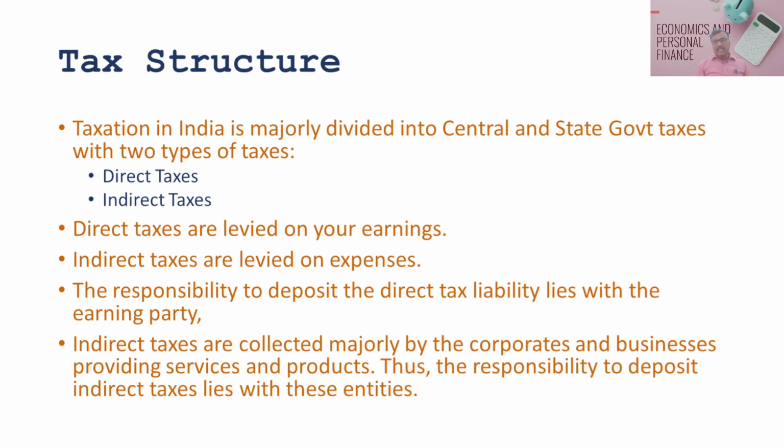This includes taxes like income tax, where the amount you owe is determined by the income you earn. The responsibility of paying and depositing direct taxes lies with the individual or entity earning the income. This is because these taxes are directly connected to your financial gains.